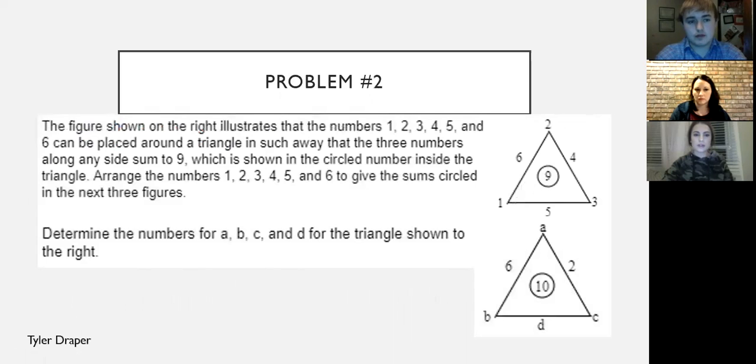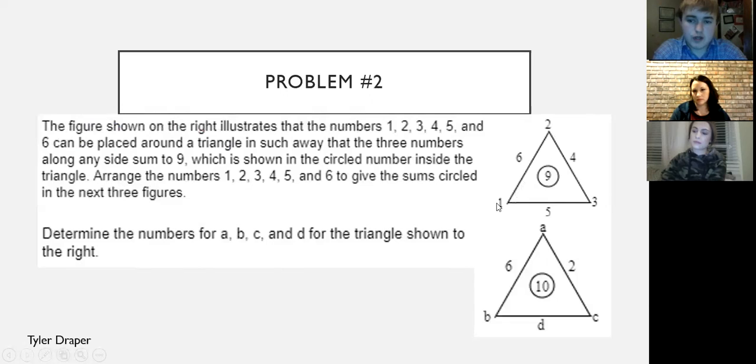Determine the numbers for A, B, C, and D for the triangles shown to the right. Okay, let me move this up. In the top one, the corners of the triangle plus the side equals the number in the middle.